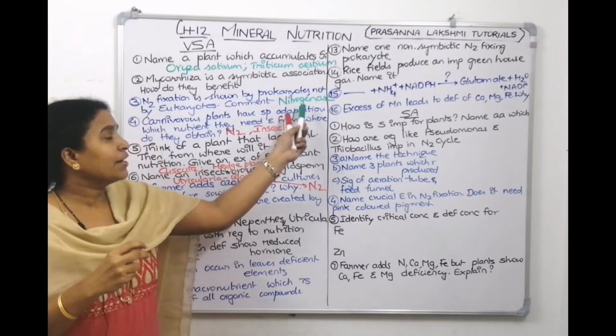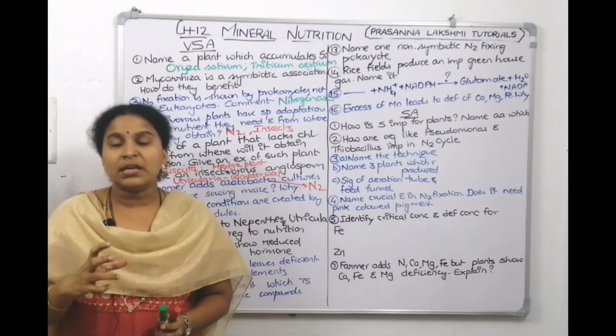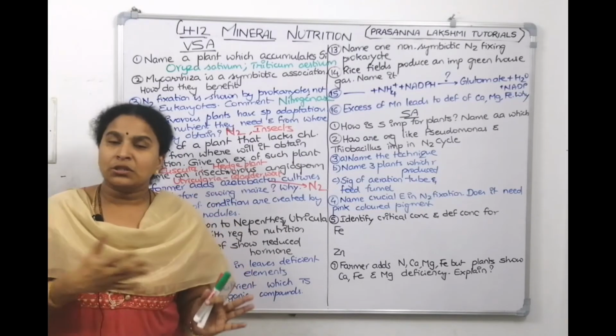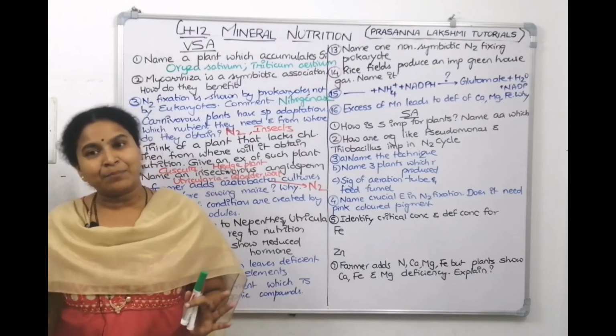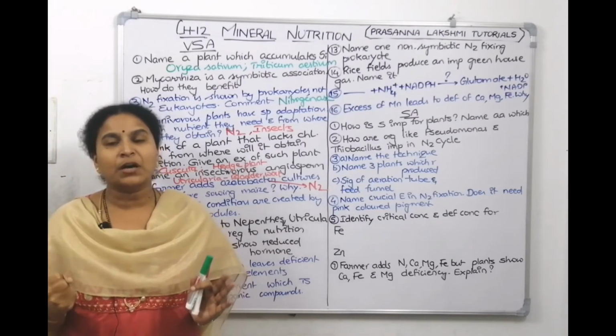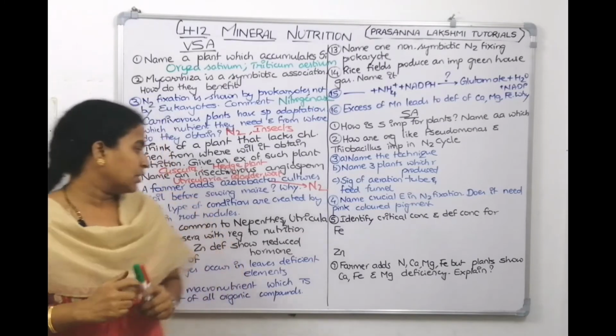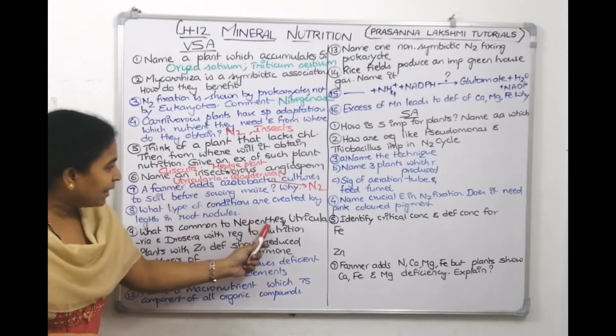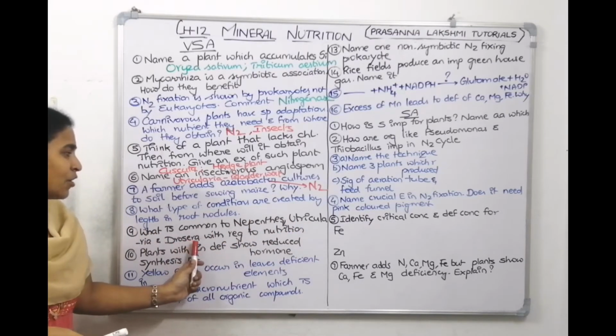Bacteria will synthesize nitrogenase enzyme. Nitrogenase enzyme will work only in absence of oxygen. So this leghemoglobin will trap the oxygen, will hold the oxygen, creates anaerobic conditions suitable for the activity of nitrogenase.